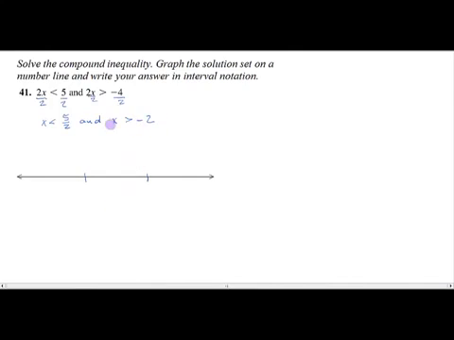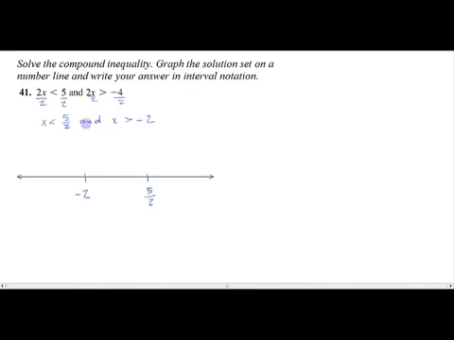Even though negative 2 is on the right, it's on the left of 5 halves on the number line. Let's go ahead and test each interval. If I tested a number over here, maybe a negative 3, I could put that in here. Negative 3 is less than 5 halves. That is true.